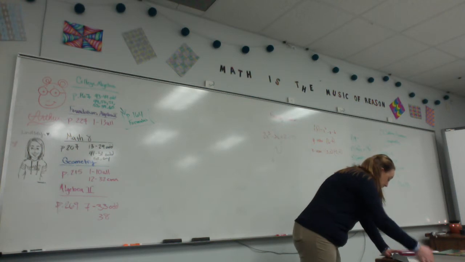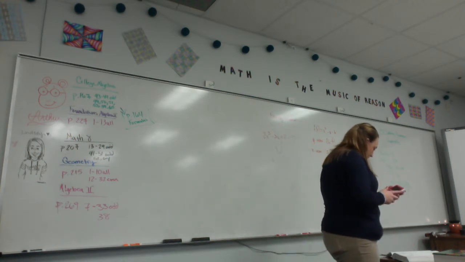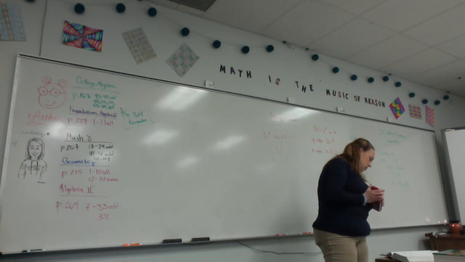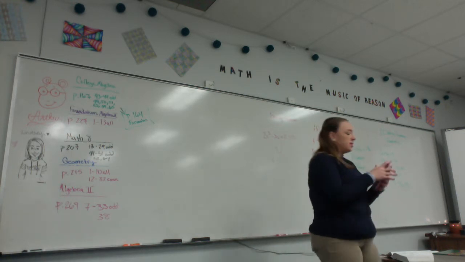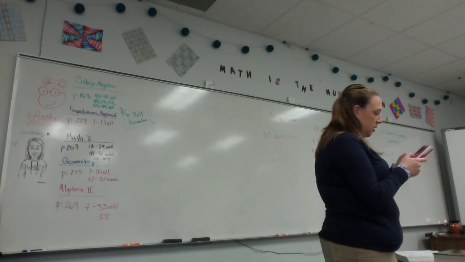Okay. So now, when we are finding the solution graphically, we're going to use the zero or root feature or the zoom and trace features of the graphing utility to approximate the x-intercepts of this graph.